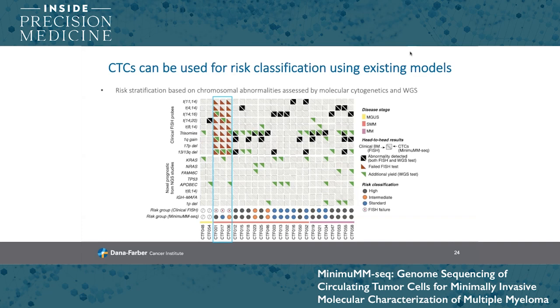These would have been missed by standard testing until the next bone marrow for patients, and this highlights the importance of robust methods for detection at diagnosis and patient visits. And as you can see, these patients harbored primary translocation, such as MAF, trisomies, and deletion 13 or 13q.